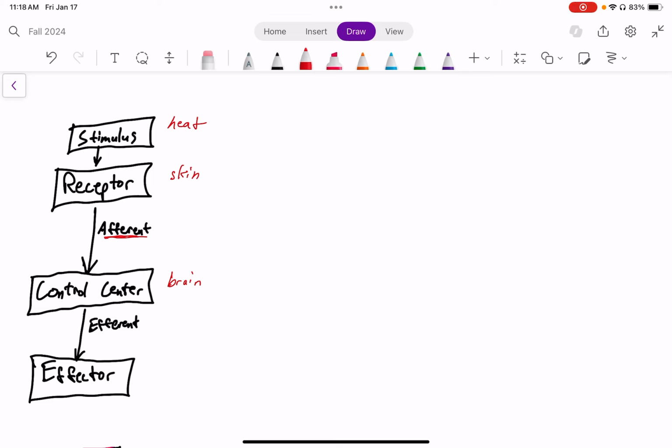And so if this stimulus is different than the set point, then the control center will say, hey, we need to change that. And it will send an efferent signal to the effector organ. Now that can be a variety of different things. Typically, the afferent and efferent pathways are either the blood or nerves.